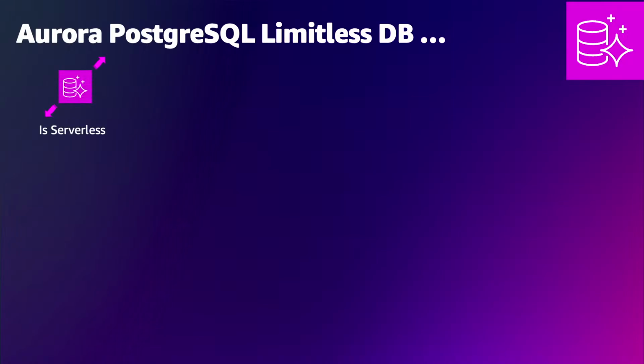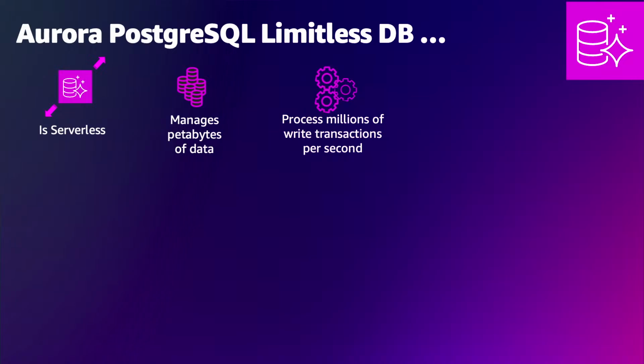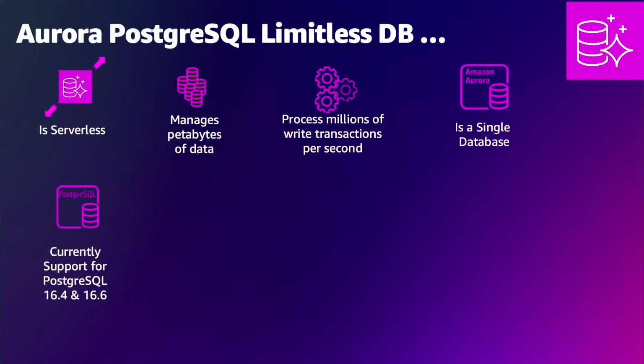It is serverless. It can manage a petabyte of data, and we say how. It can process millions of write transactions per second. It's a single database. Usually when you try to get that type of capacity, you need to think really hard to get the information structured in a way that it can scale. Currently, it's supported for Postgres 16.4 and 16.6, so specific versions for now.